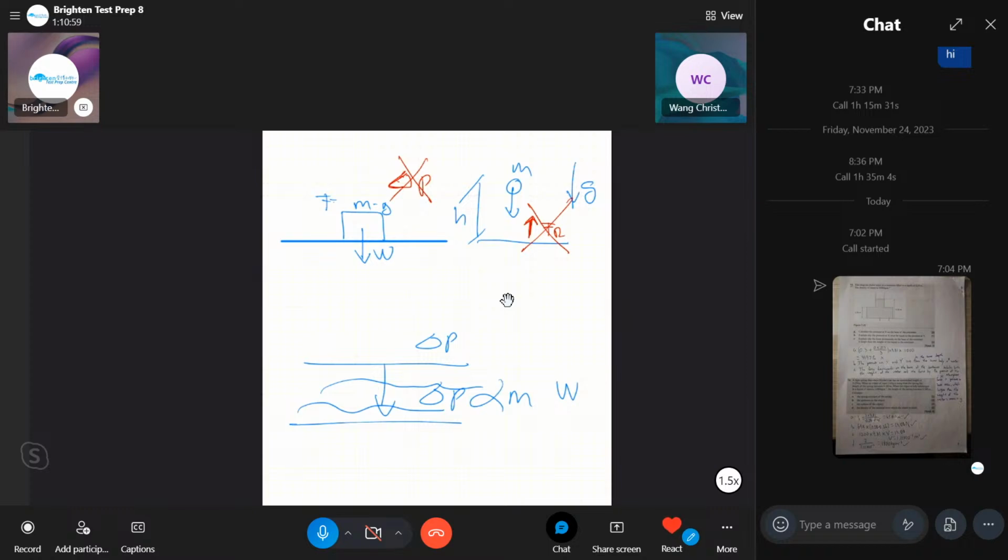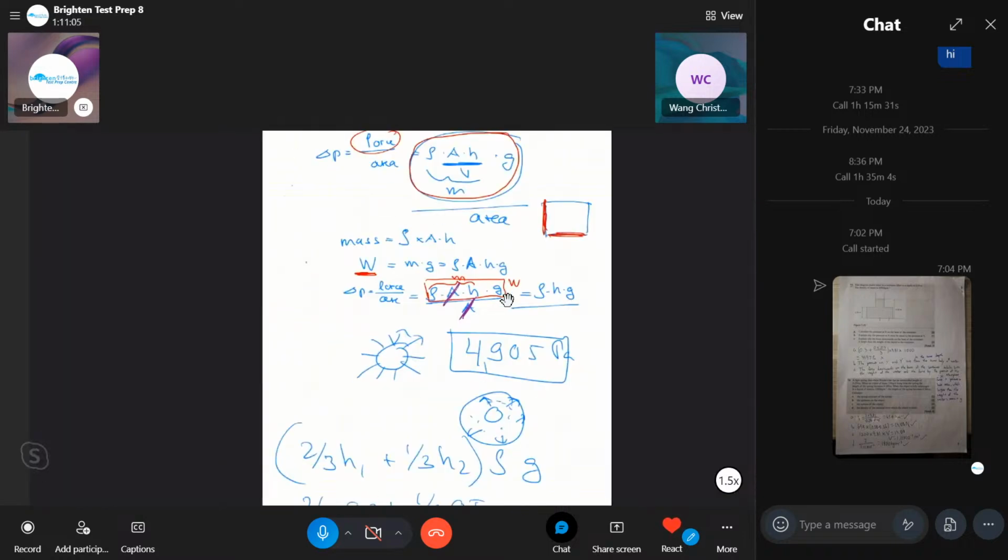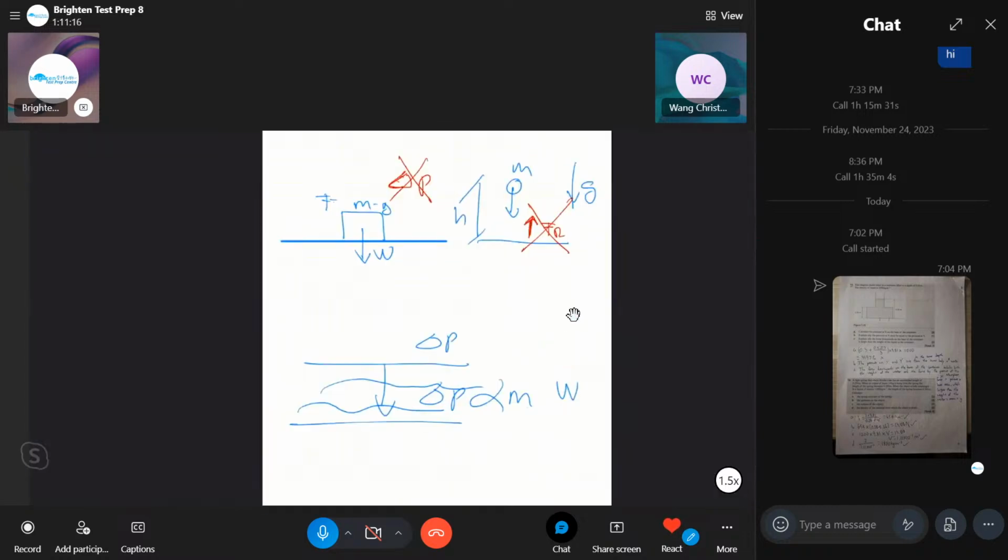We can show that under the assumption that we have the same area, we can neglect the area and take it out of the equation. Then you can simplify it and say it's just the density of the material times the height times g, which is good enough. But if we go into such a body here, then we cannot just say it's the height.